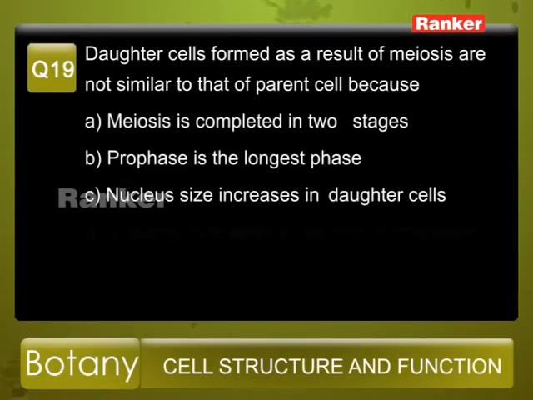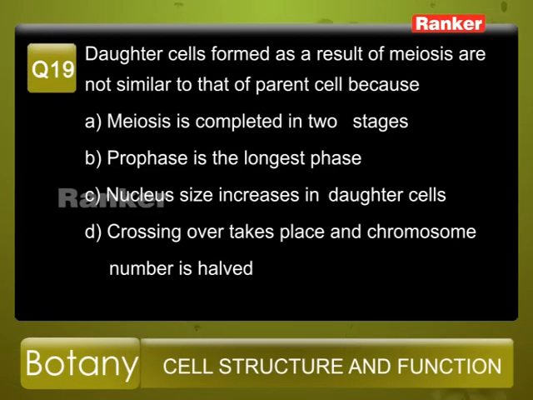Question number 19. Daughter cells formed as a result of meiosis are not similar to that of the parent cell because, options: A. Meiosis is completed in 2 stages. B. Prophase is the longest phase. C. Nucleus size increases in daughter cells.